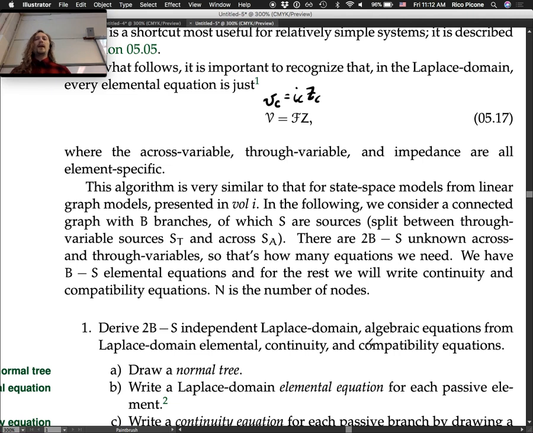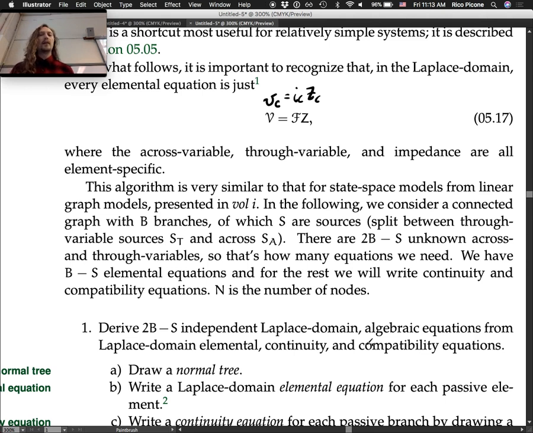There are 2B minus S unknown across variables and through variables. So that's how many equations we need. We have B minus S elemental equations, and for the rest, we will write continuity and compatibility equations.